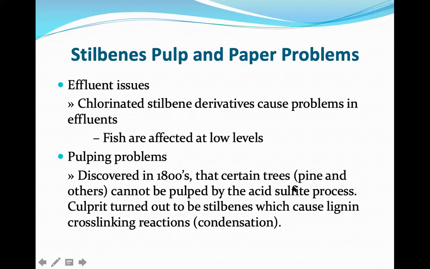Pulp problems, let me discuss a little bit. It was discovered in the 18th century that certain trees, pine and others, cannot be pulped by the acid sulfite process. In the pulp making process, one important step is making the acid sulfite, and in that process, presence of stilbenes in the plant materials causes a serious problem.